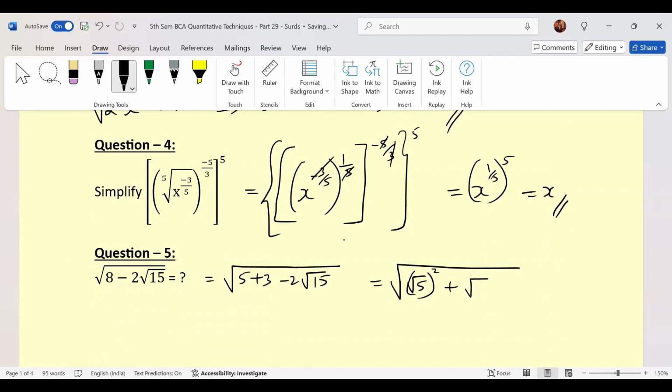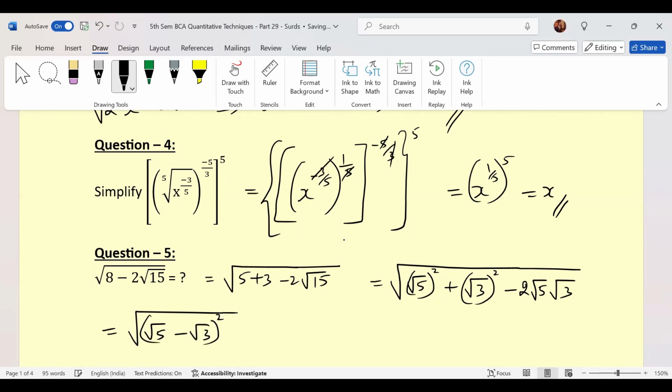Similarly, root 3 the square, minus this root 15 can be written as root 5 root 3. So this can be written as 2 times root 5, 2 times root 3. So that you may notice it is nothing but root 5 minus root 3 the whole square.